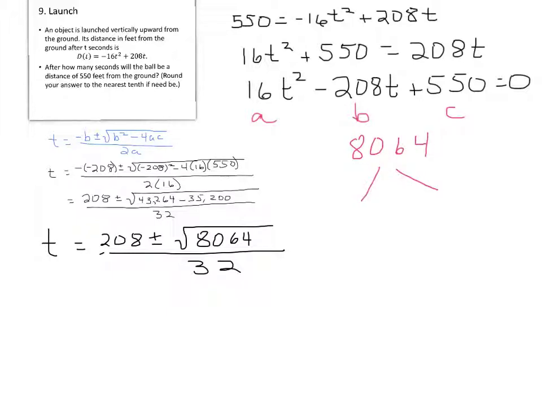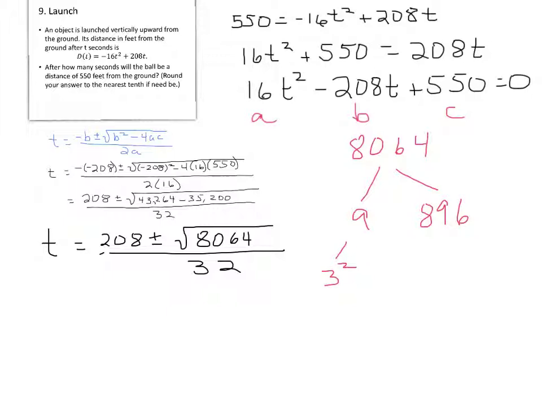Turns out that 9 goes into 8064 896 times, and of course we're going to just put 3 squared here because that's what we're looking for, our squared terms.